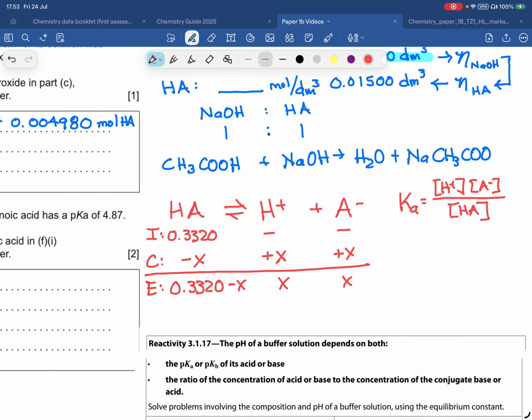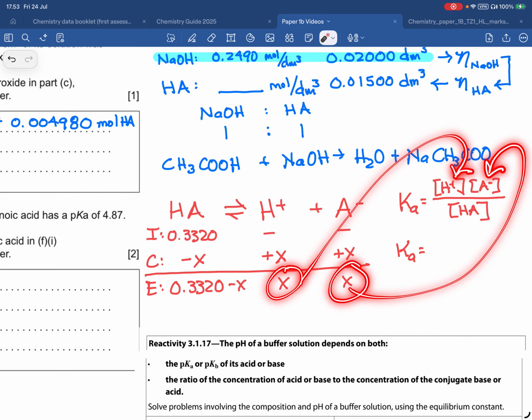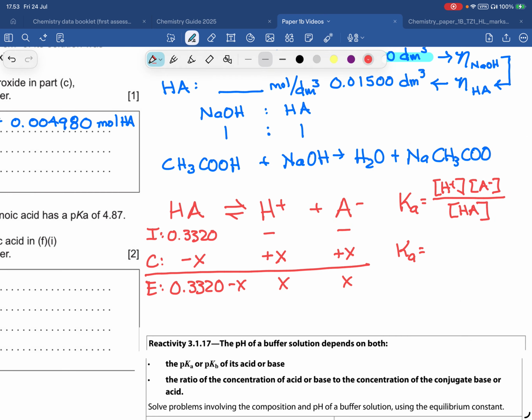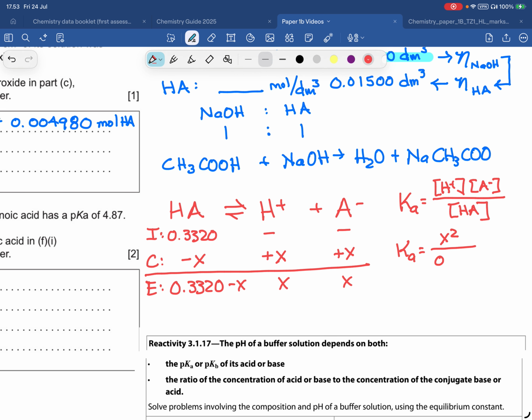You're going to end up with this equation. Ka is equal to, we take the X and we put it in there. We take that X, we put it in there. We end up with X squared. Then we take this and we put it down here. We end up with 0.332 minus X.